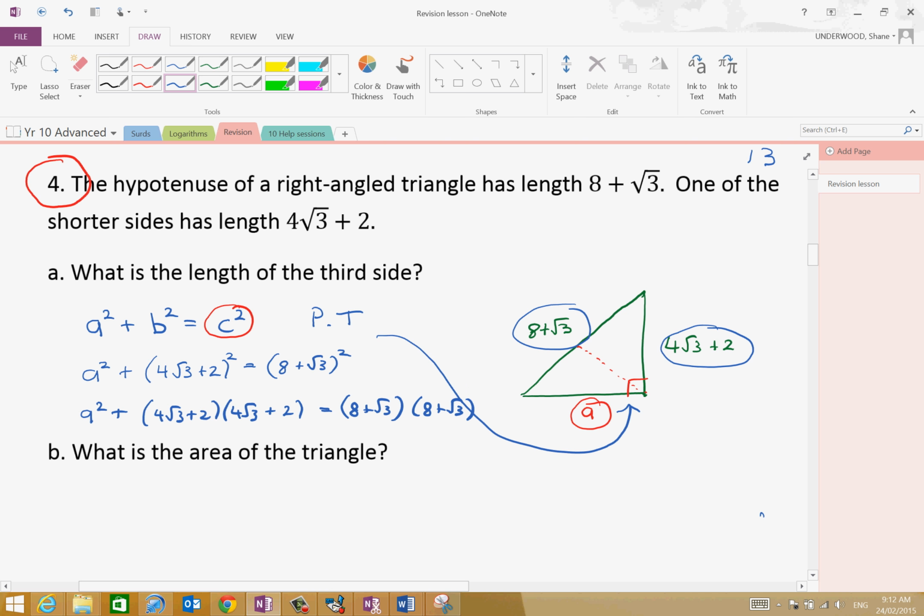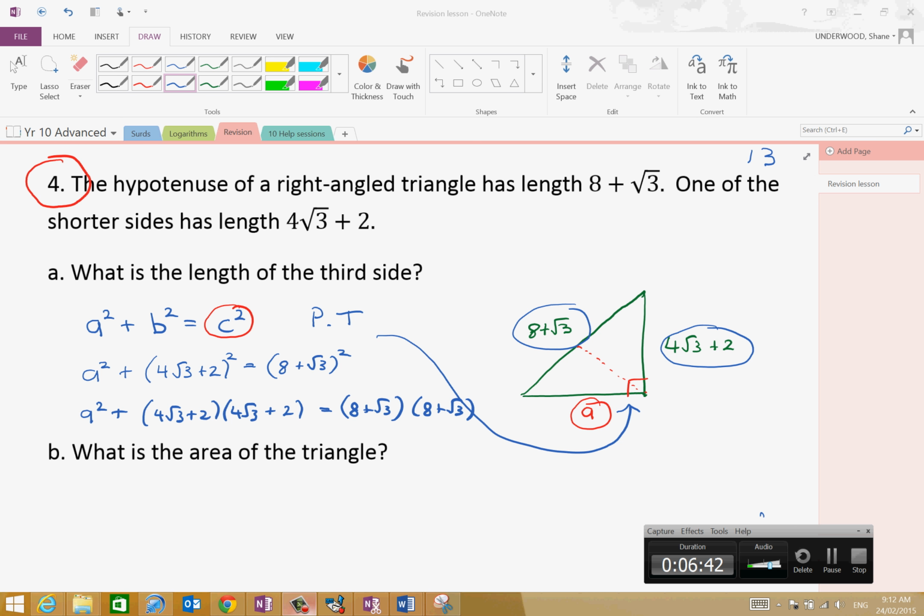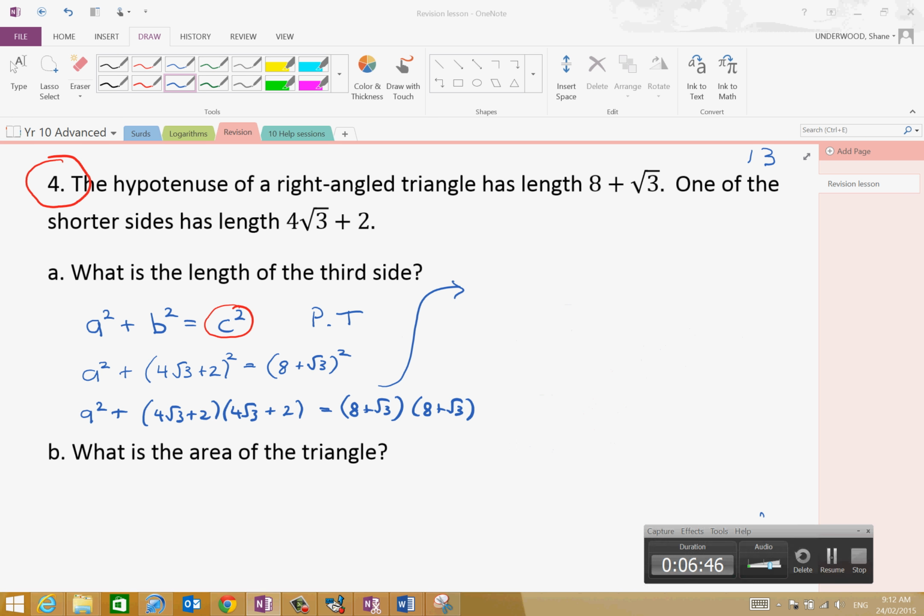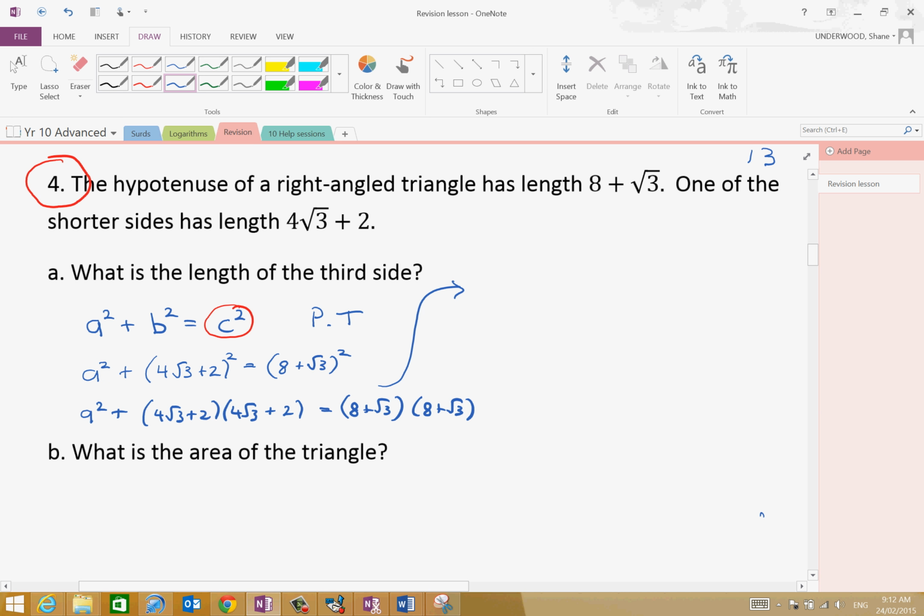Now, I'm going to pause the video now, and can I ask how many students actually did that? All right, so I'm going to honour what you guys have just said, and what you were saying is you want to get A squared is equal to C squared minus B squared. Is that correct? Yeah. That's perfectly fine. Okay, let's go ahead and do that.